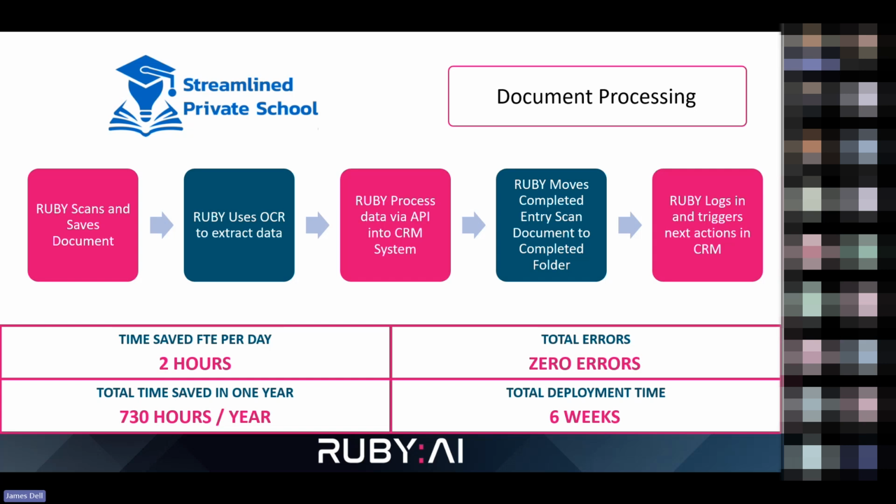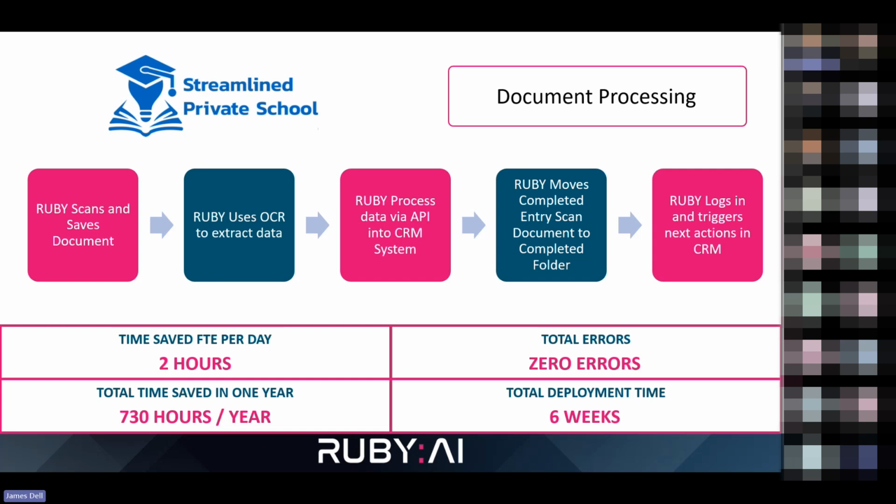Ruby's then using a degree of AI and OCR to extract the data from that document, and then it's going to put that data into their CRM system. It's converting the data that's in physical PDFs and scanned-in documents into data inside their CRM.